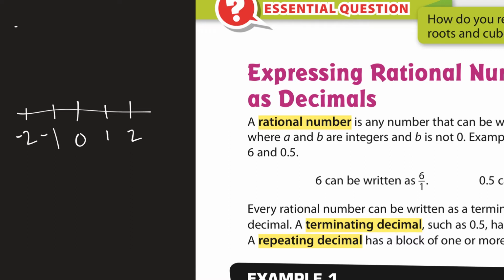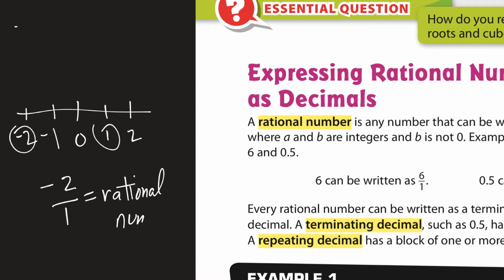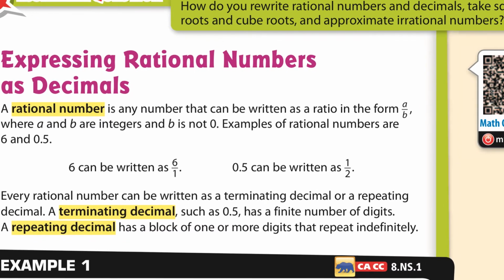Okay, so you pick two integers like this one, and you go -2 over 1, and voila, you have a rational number. So that's what this is all about. So if we take 0.5, that can be written as 1/2. And 1 is an integer, so is 2. All right, enough about that.